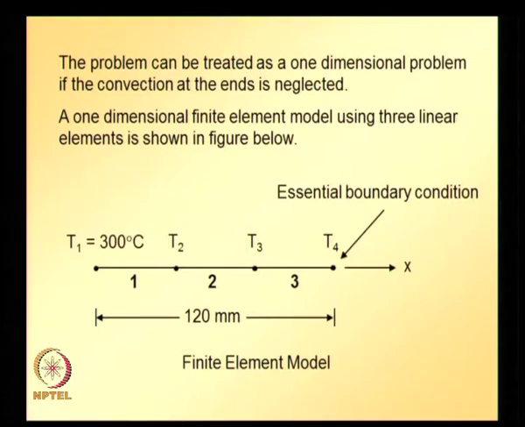Here T1 is shown as 300 degrees centigrade, it is a mistake, it should be 330 degrees centigrade, and at the other end the essential boundary condition is specified, T infinity is equal to 30 degrees centigrade. So at T1 we have 330 degrees centigrade, at T4 we have 30 degrees centigrade, and the total length of the rectangular fin is 120 millimeters, and it is discretized using 3 elements, each element has 2 nodes, and the length of each element is 120 divided by 3, that is 40 millimeters.